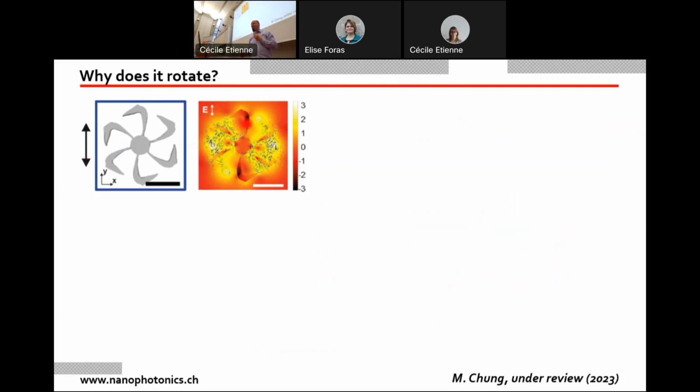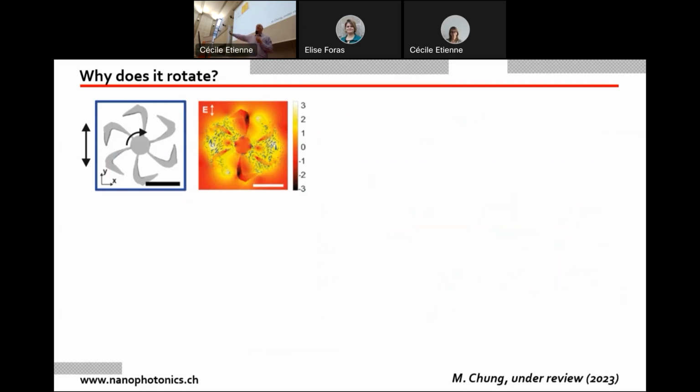We see here the Poynting vector with the little arrows, and you have also the intensity on a log scale. This is why you have some negative values here. What seems to appear is that the Poynting vector is going to be in a specific direction, and you could think that it's like Newton's third law, you know, action-reaction.